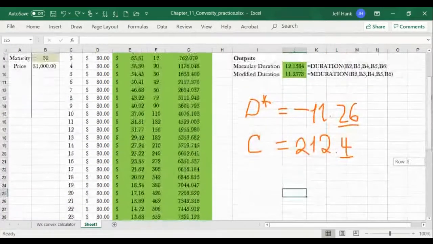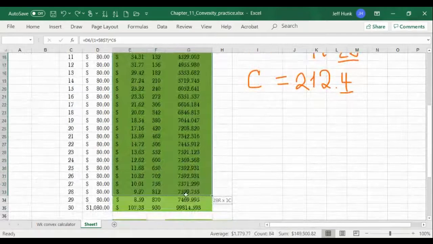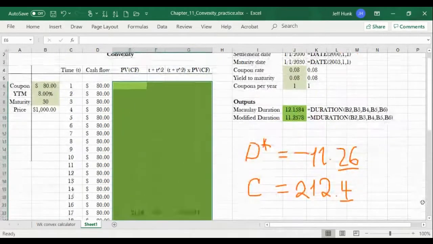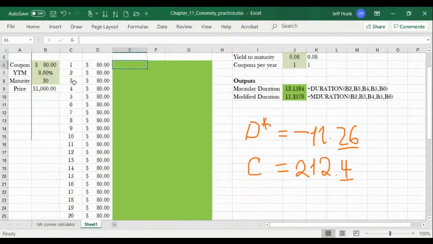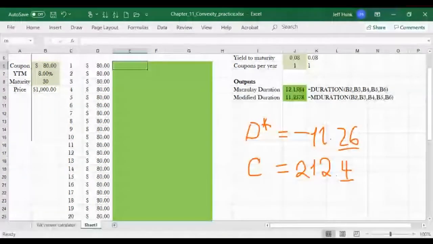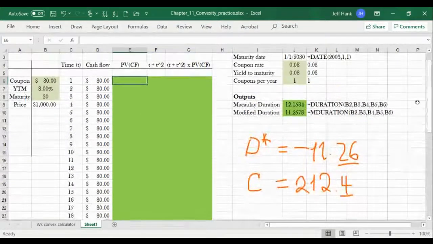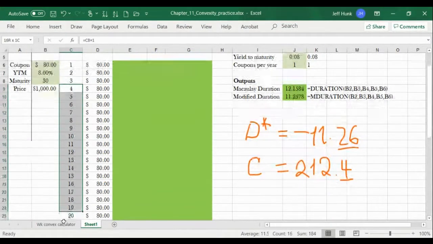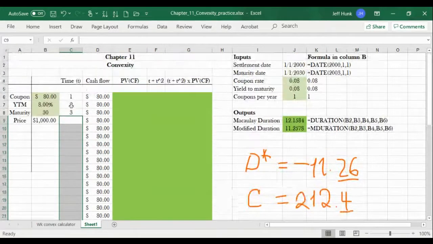So let's do this. Actually, it's not a difficult thing, and it was not tedious. I mean, 30 years is not that difficult to make. I just plot 1, 2, 3, and then drag it down, right? And then until I see 30. I'm going to show you again. So this is what Excel is good for.